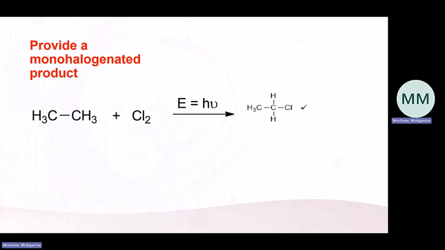You're going to get a monohalogenated product, which is the one provided on the right hand side. But once there is a CH2 here, it changes everything. Different products are going to be formed. Hence, I can emphasize that during the Q&A session. You will guide me there.